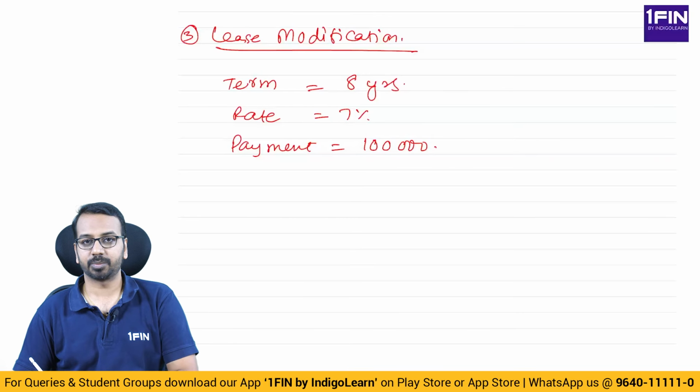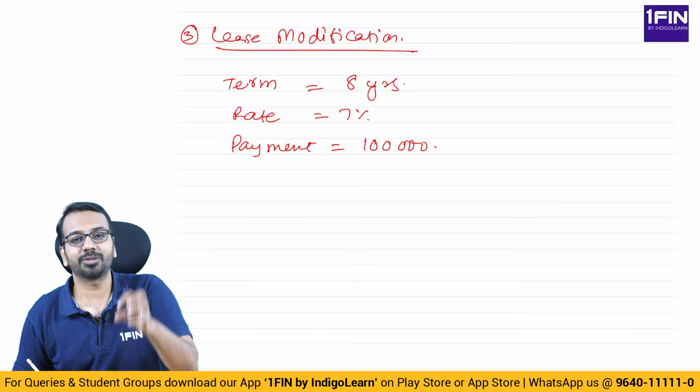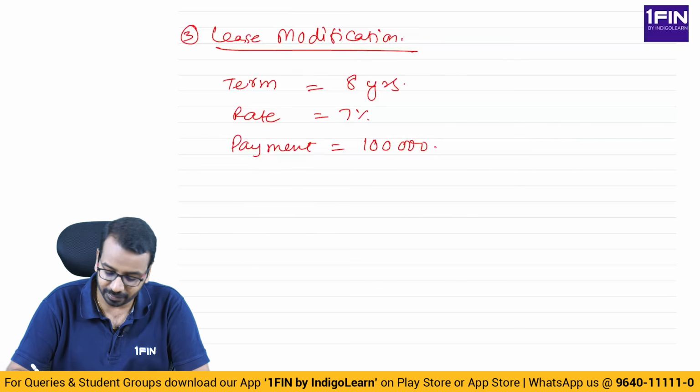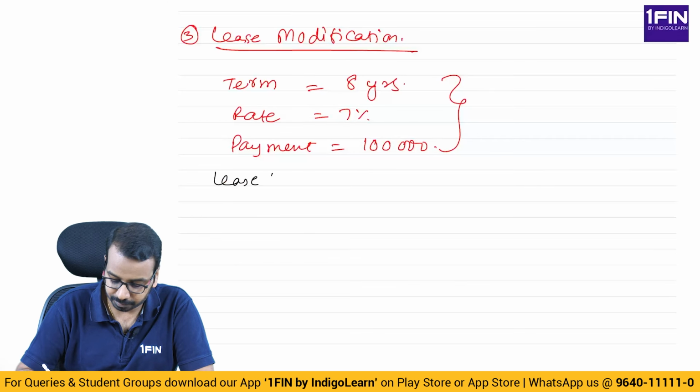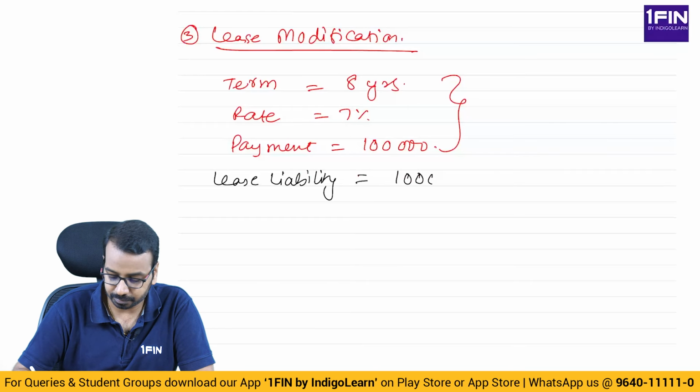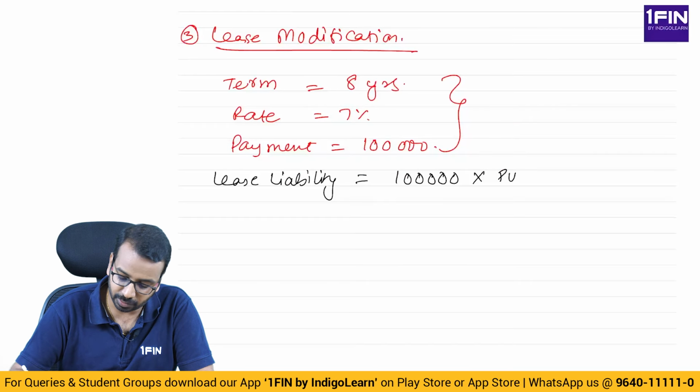That is the new terms. Okay. So what you have to do, because it falls into the category of lease remeasurement, we will have to compute new lease liability. So lease liability is equal to 1 lakh into present value annuity factor of 7% for 8 years.